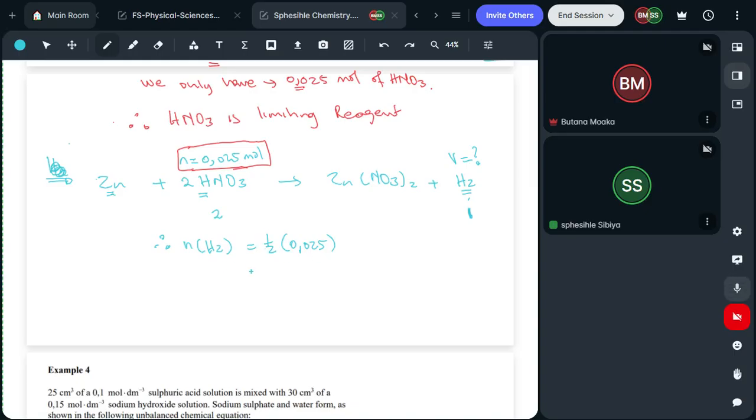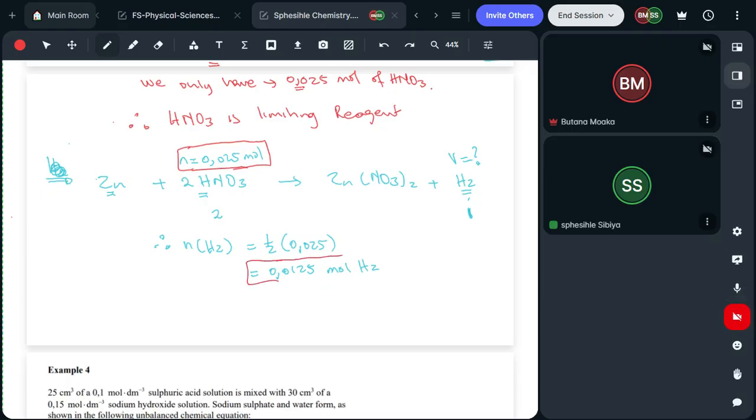When you punch this on the calculator, what is half of 0.025? 0.0125 mole of H2. This is also important for the next part.